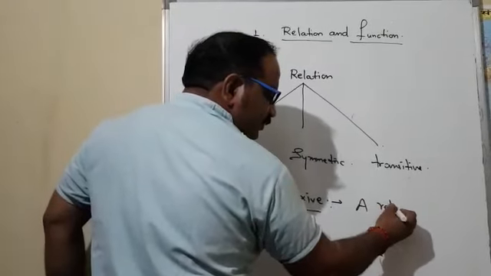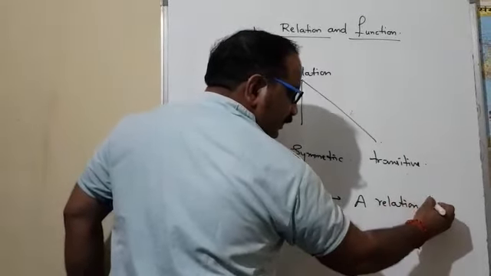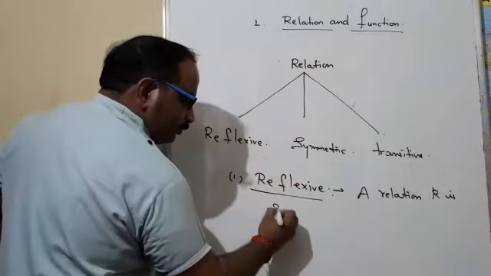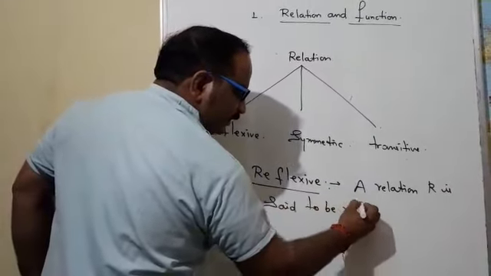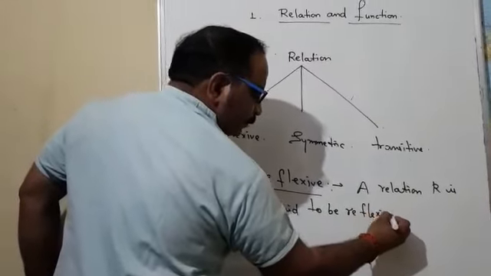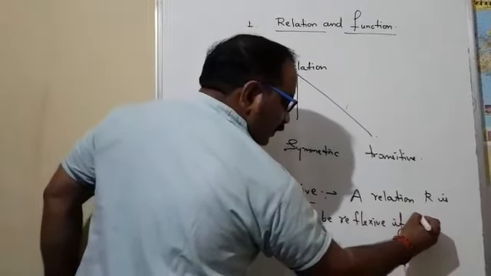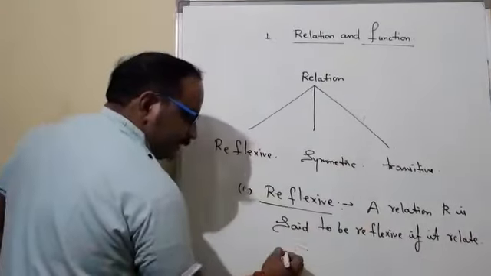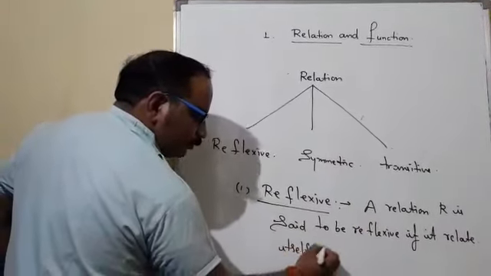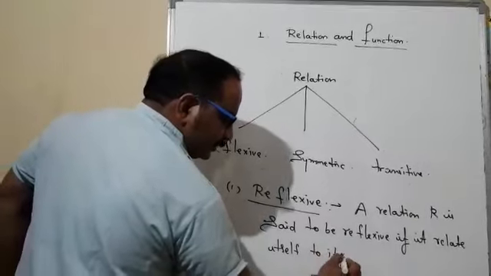So reflexive relation is what? A relation R is said to be reflexive if it relates itself to itself.